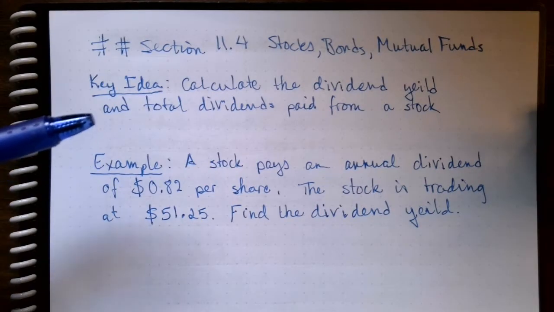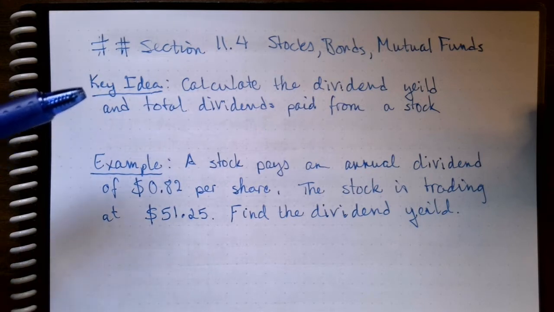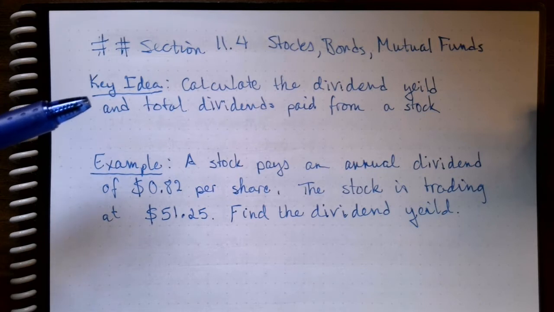And we are going to also show you how to calculate the total dividends paid to a stockholder. I'm going to switch over to the document camera and look at examples. So, after watching this video, you should understand how to calculate the dividend yield and also how to calculate the total dividends from a stock.